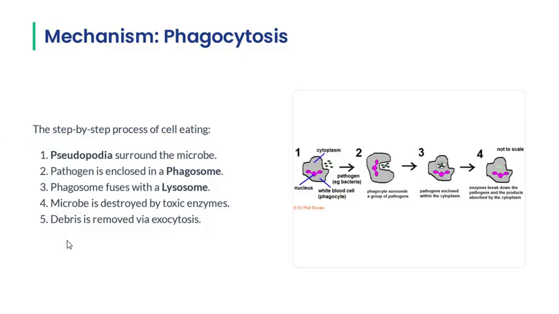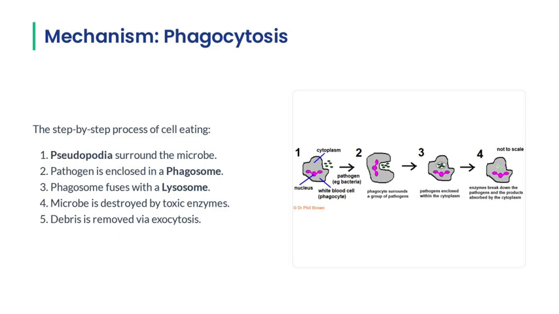And these are the steps where the pseudopodia surrounds the microbe, and the pathogen is enclosed in a phagosome, and the phagosome fuses with a lysosome, and then the microbe is destroyed by toxic enzymes, and the debris is removed via exocytosis.